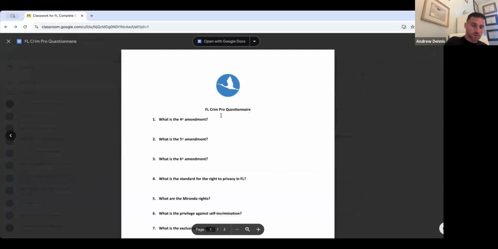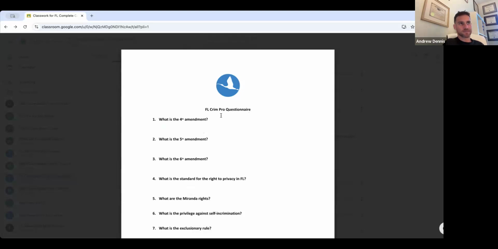Okay. So what's the Fourth Amendment? The Fourth Amendment is the right against unreasonable search and seizure, probable cause, warrants, things like that. Right to privacy, heightened right to privacy in Florida. The Fifth Amendment is due process, takings clause, but for criminal law, it's your right against self-incrimination, your right against double jeopardy, being charged with the same crime twice, and your Miranda rights, which definitely come up.